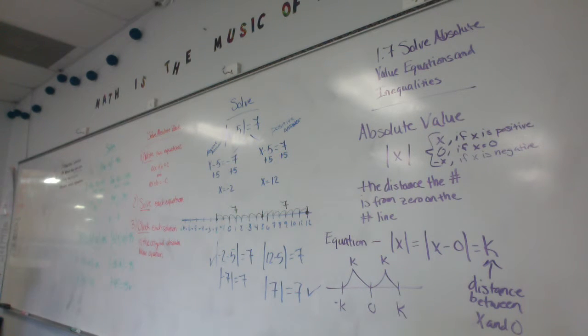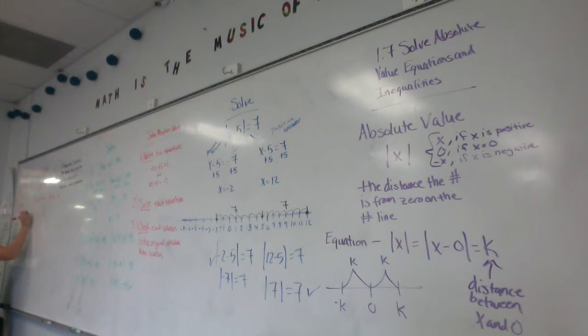Okay? So what that means is, let's say I have a problem that says solve the absolute value of 2x plus 12 equals 4x. Step 1, write 2 equations, right? 2x plus 12 equals 4x and 2x plus 12 equals negative 4x.